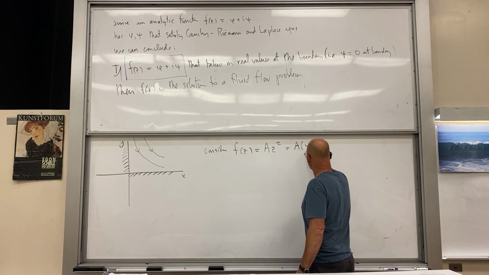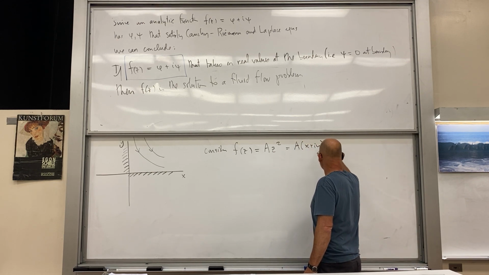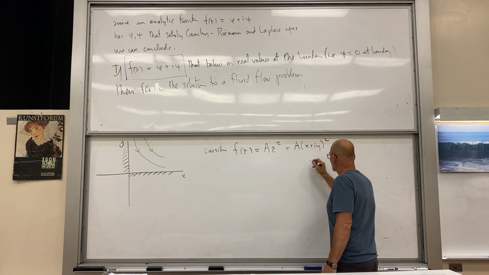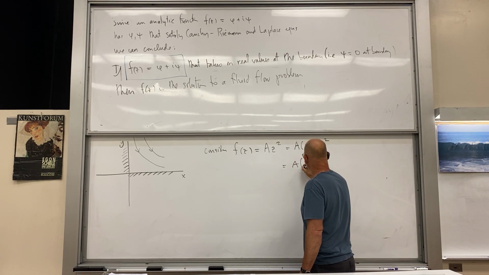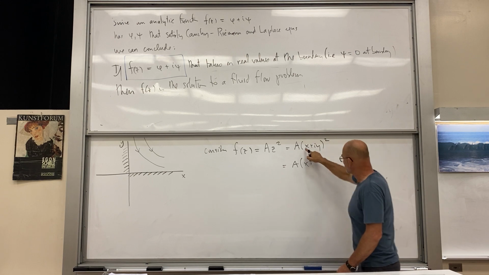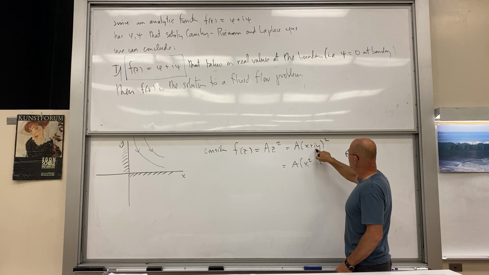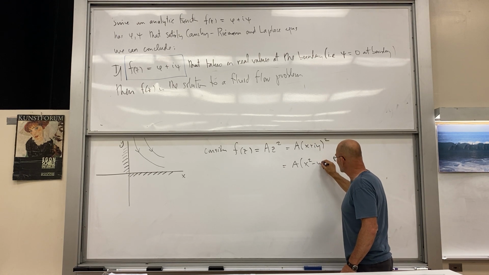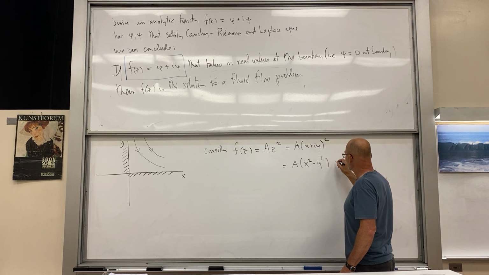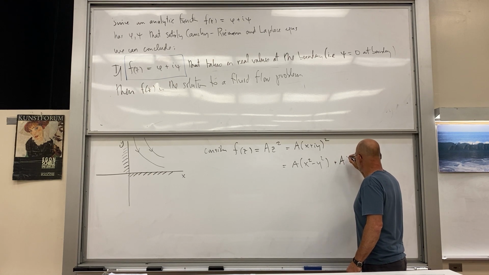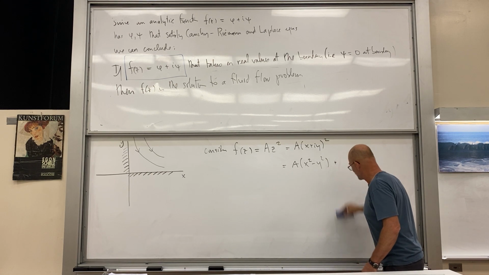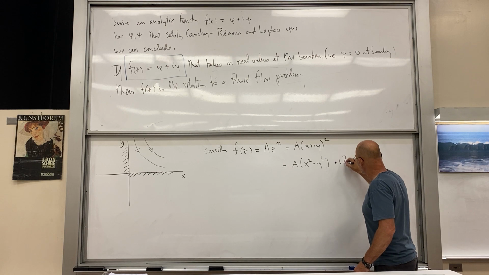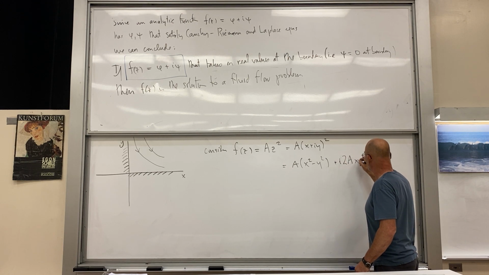A times x plus iy, the quantity squared, a times x squared, when you square this, 2x iy, and then minus y squared. So a times x squared minus y squared, plus i times 2a xy.